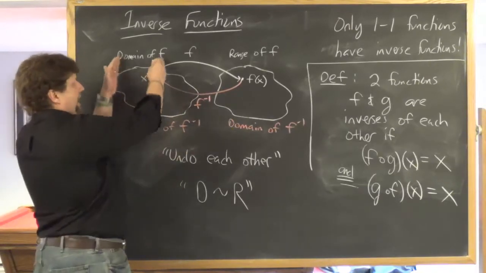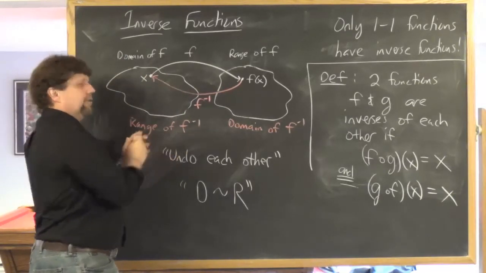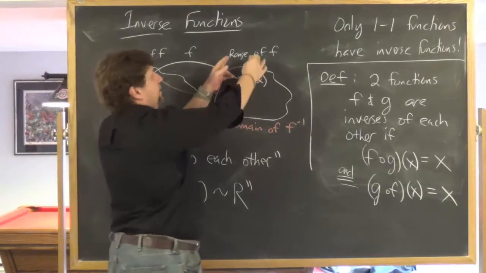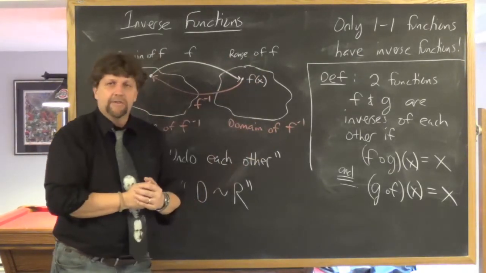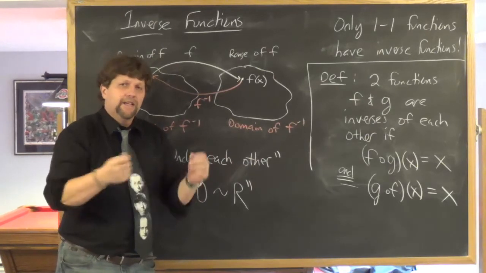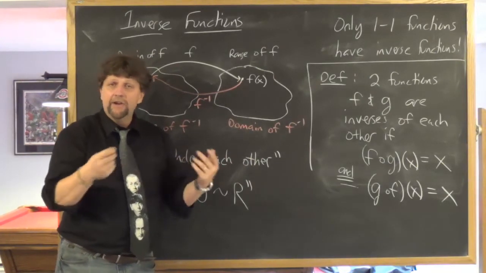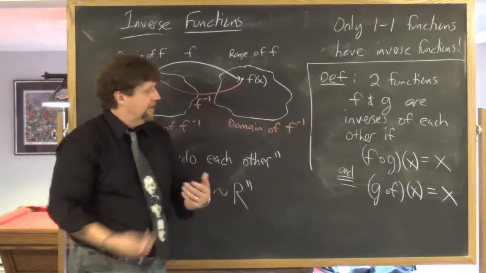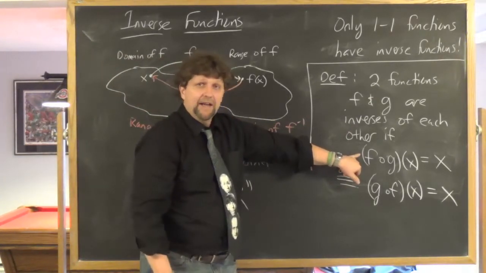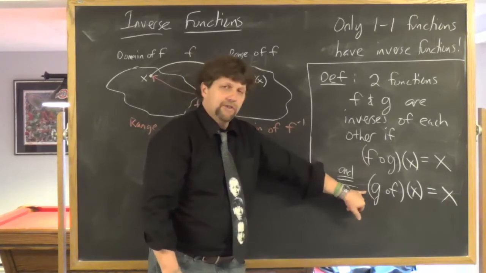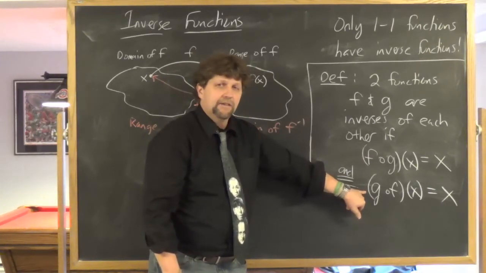In other words, the domain of the function must equal exactly the range of the inverse function. The range of the function must equal exactly the domain of the inverse function. And then finally, if you have two functions, f and g, how do you know if they are inverses of each other? Well, when you do this composition, it simplifies down to x. And when you do this composition, it simplifies down to x.